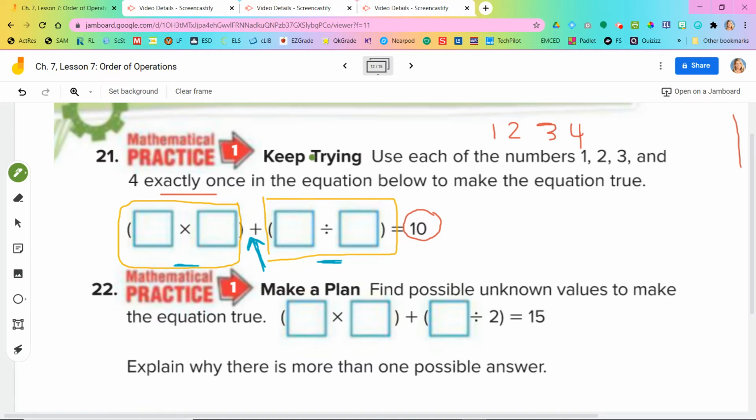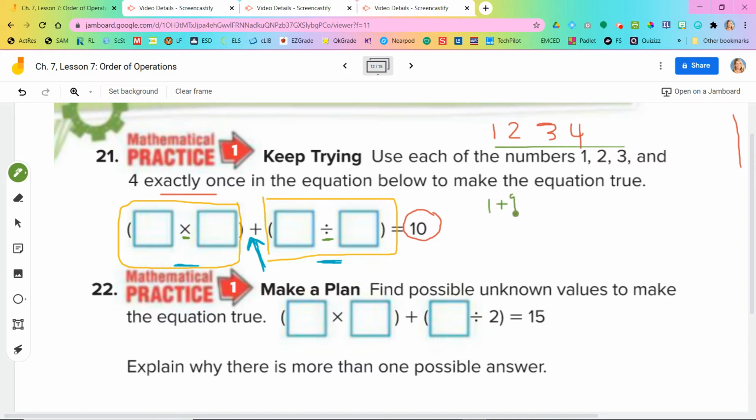Now, keep in mind, these 1, 2, 3, and 4 are the numbers that I have to use in my boxes. So right now, since I'm just thinking about what my answer for this multiplication problem and what my answer for this division problem would be, I don't have to worry about these numbers yet. So think about those ways to make a 10.